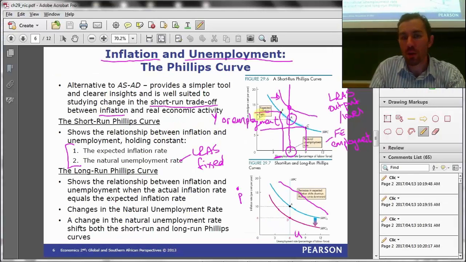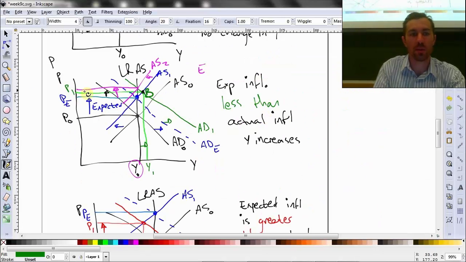So when the actual inflation rate at point B is somewhere between 10 and 15, so let's call it 12, so prices increased by 12% instead of 10%, our unemployment decreased.